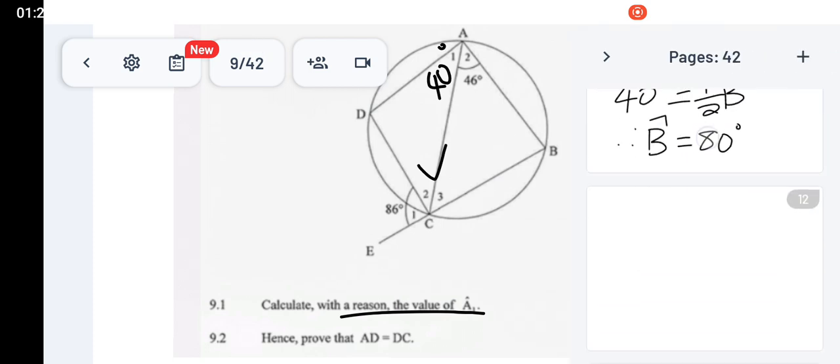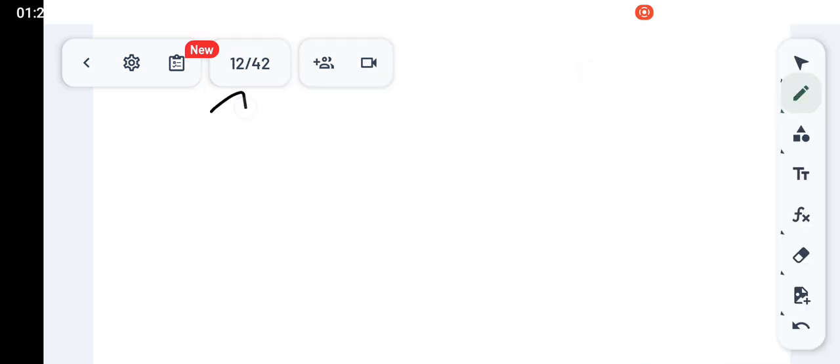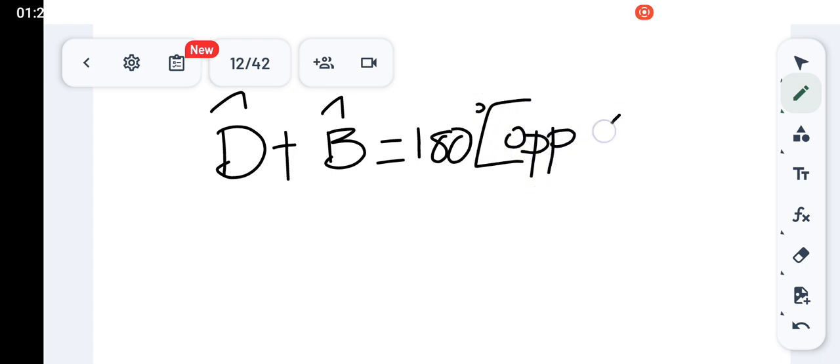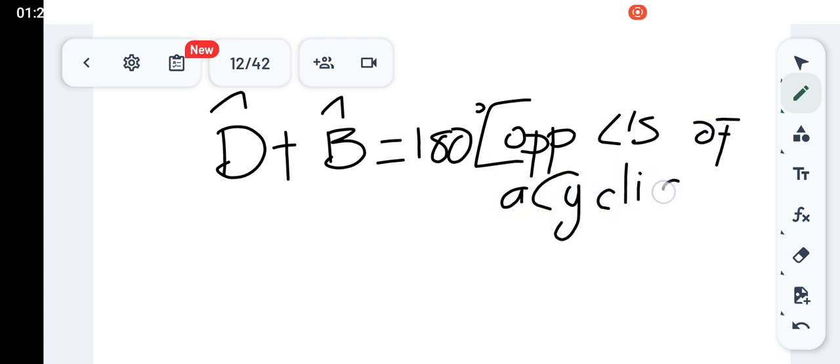So let's do the calculations. Angle D plus angle B is equal to 180 degrees. Why? Opposite angles of a cyclic quad.